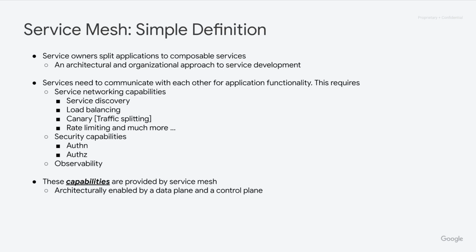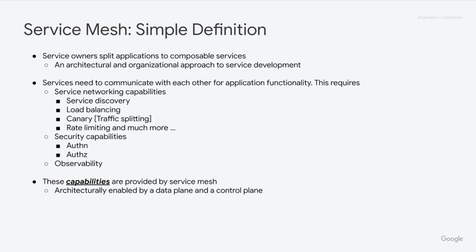As Abhishek mentioned, application owners often split their application into a set of composable services and workloads. And as they develop these services, there is a natural need for services to communicate with each other.